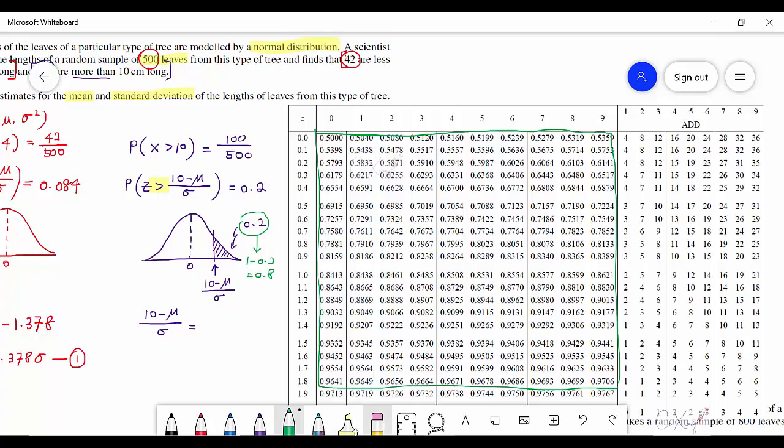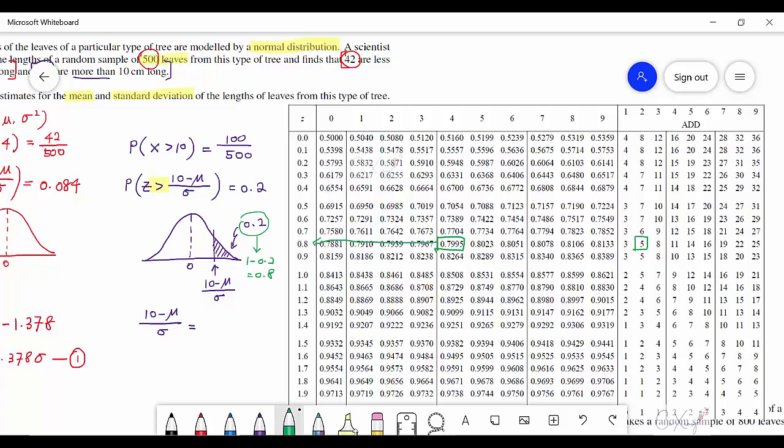You need to find the complementary area for 0.2, which is 0.8. All right, so where is 0.8? So you try to look for a value smaller than 0.8 but very close to it. So I think this is the one. So 7995, you need to add 5 at the last digit to make it 0.8.